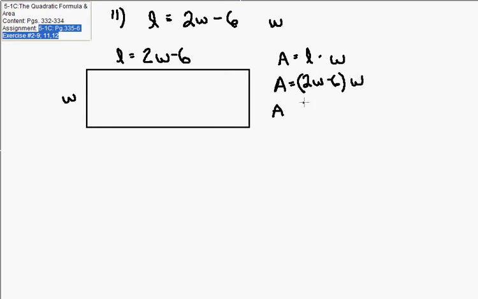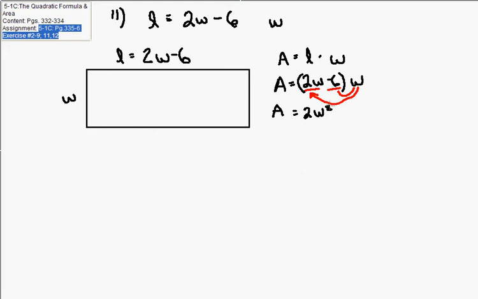Using the distributive property, we're going to multiply the w times 2w, and then we're going to multiply the w again by 6. So here we go, 2w times w is 2w squared, and we have a minus sign.